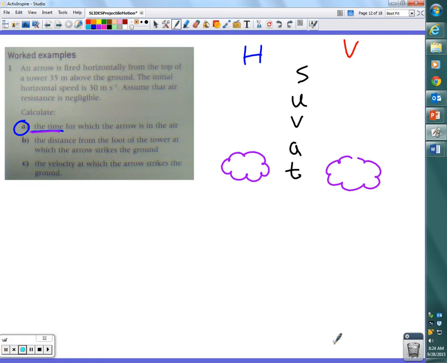So, if we're looking for time, that means we can solve for either one of these spots in this table, and that will give us our answer. Now, we've identified what we're looking for. The next step in the process, what do we know? We said that there are two spots in this table that we can fill in in every single problem right away, no matter what. And those two spots are here and here.